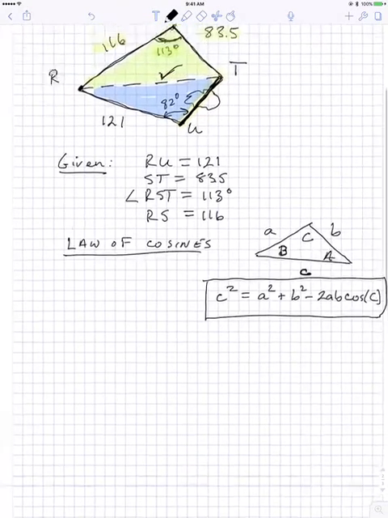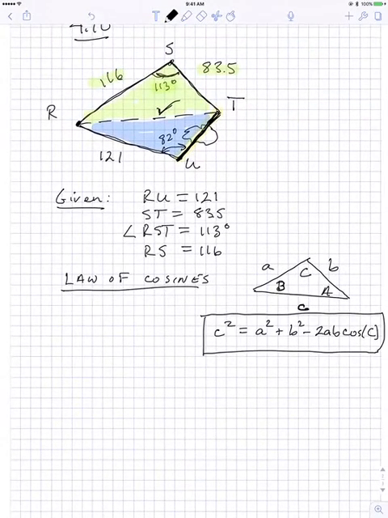How does that apply for the green triangle? Well, it looks like the role of A is played by R and S. The role of B is played by S and T. And we have the angle C being RST.